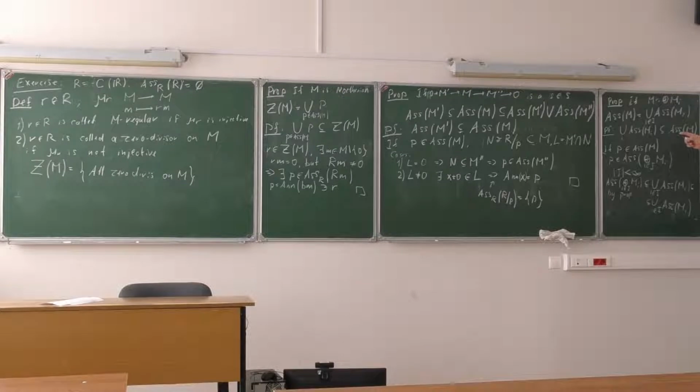So I start with the prime ideal P that belongs to this set, hence it belongs to this set, and by the proposition and induction we can say that this set is a subset of this finite union, and this finite union is clearly a subset of this infinite union. So essentially we proved the proposition. We just need to find all the right steps in the proof. Okay.